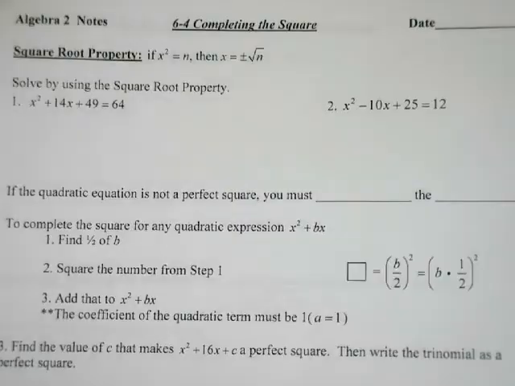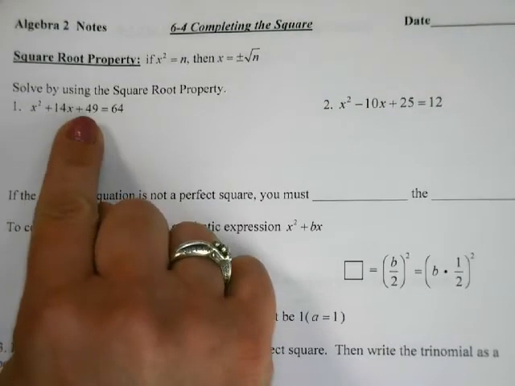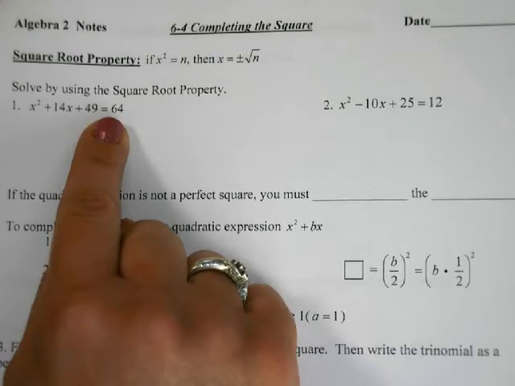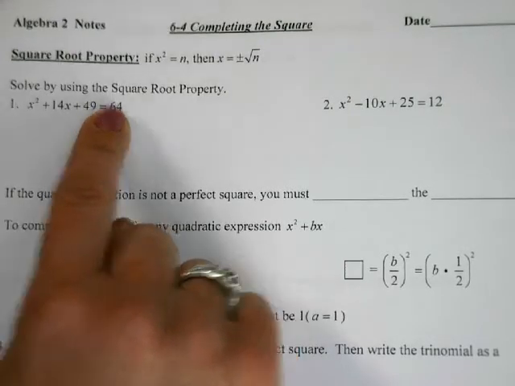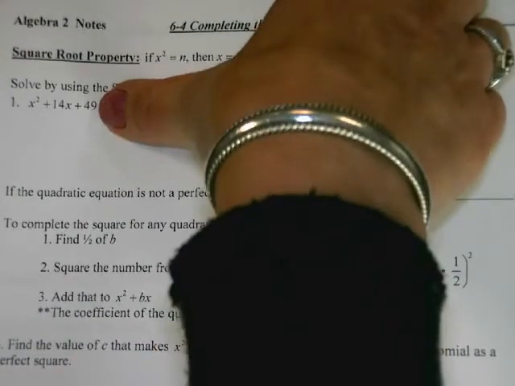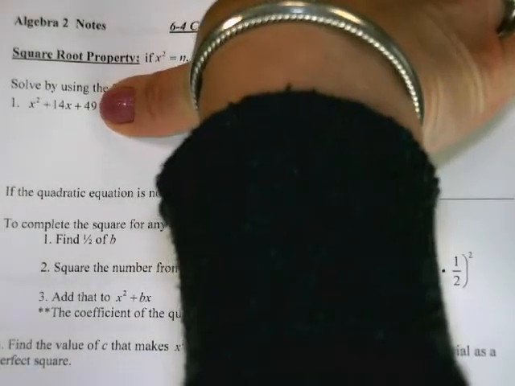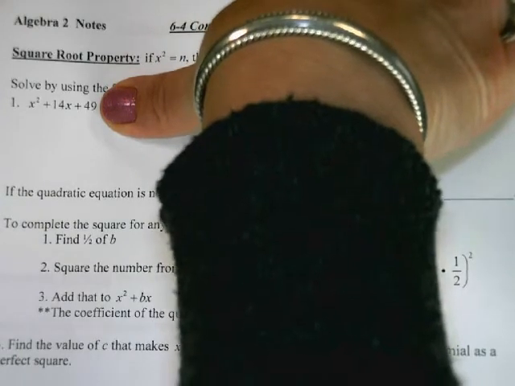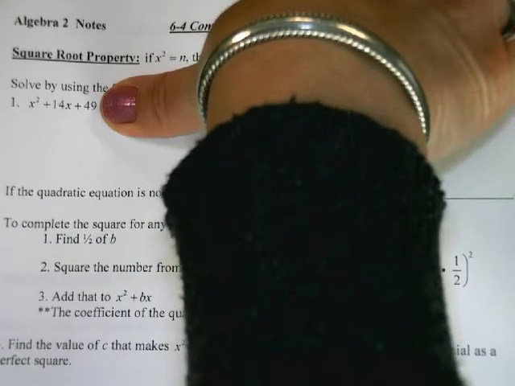Okay, so let's see what that means. This one says solve by using the square root property. All right, well, he looks a little dicey. When we were solving them by factoring, we had to set them equal to 0. But if we're going to use the square root property, we're not actually going to do that. Let's just look at this guy right here. x squared plus 14x plus 49. Does that guy factor?